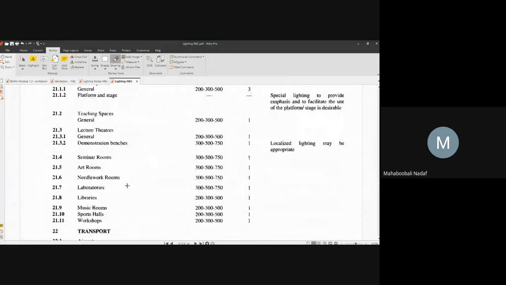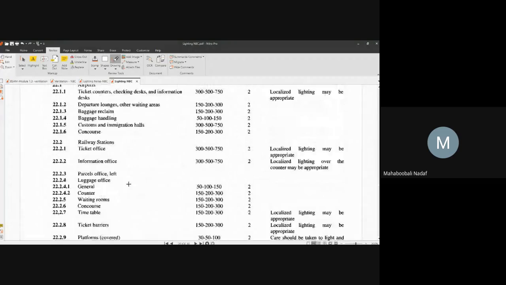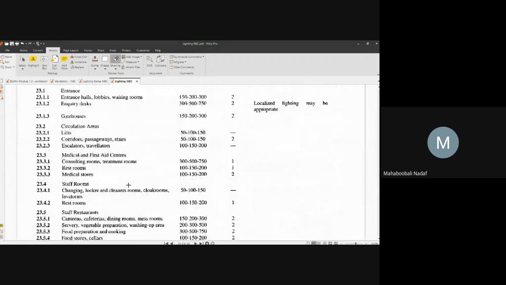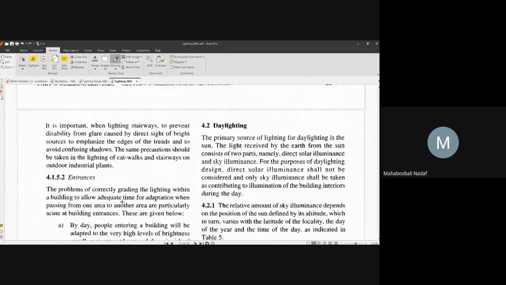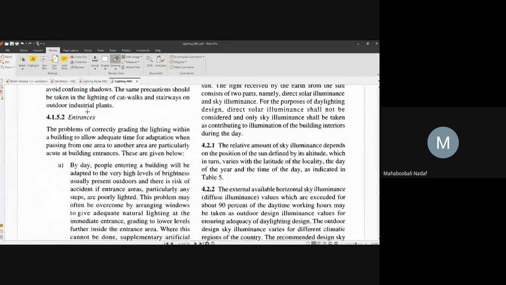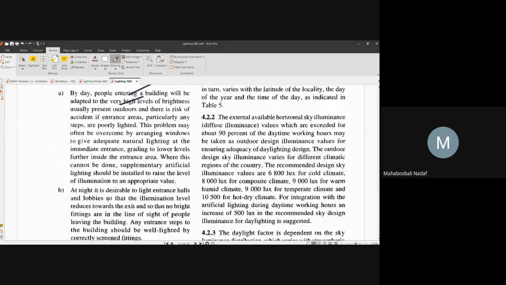So many things are there, and design principles, how to get that light in entrance, exit. So those things we have covered.